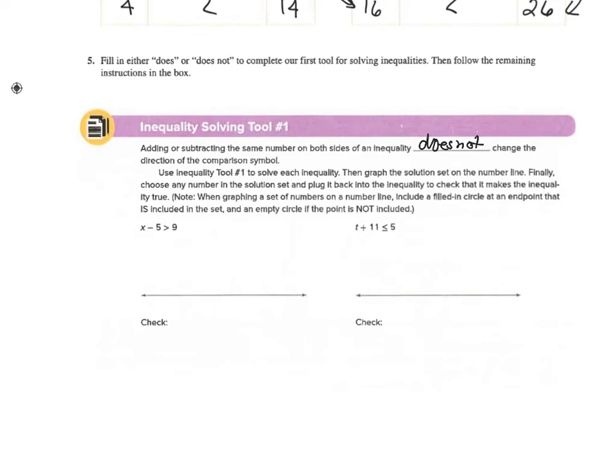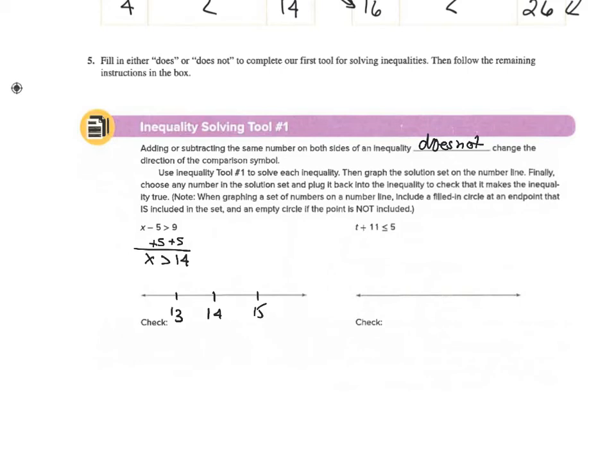So I'll do the first one, and then you'll pause the video and try the second one, and we'll check that. All right, so we have x minus 5. How do you undo minus 5? Well, we're going to add 5 to both sides. So now I have x is greater than 14. I'm going to put 14 right here in the middle of the number line. I'll put 15 here, 13 there.